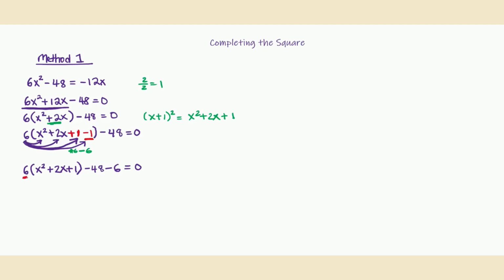So we added in 1 to complete this square, but if we're going to remove it from parentheses, then we need to subtract 6. So hopefully that makes sense. Now let's write this as a perfect square. 6 times x plus 1 all squared, and then we simplify negative 48 minus 6, which is negative 54. We remember to set this equal to 0, and so this is our final expression.